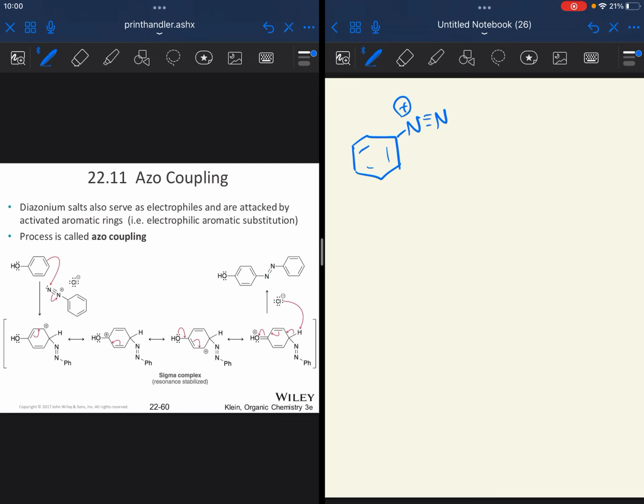So in chapter 17, we did all of these different EAS reactions, nitration, bromination, Friedel-Crafts, etc. And we had to make a really good electrophile to get benzene to react. Well, this is a really good electrophile, and benzene will react. So all that's happening here is, actually, let's not put that underneath. I'm not going to do the mechanism.